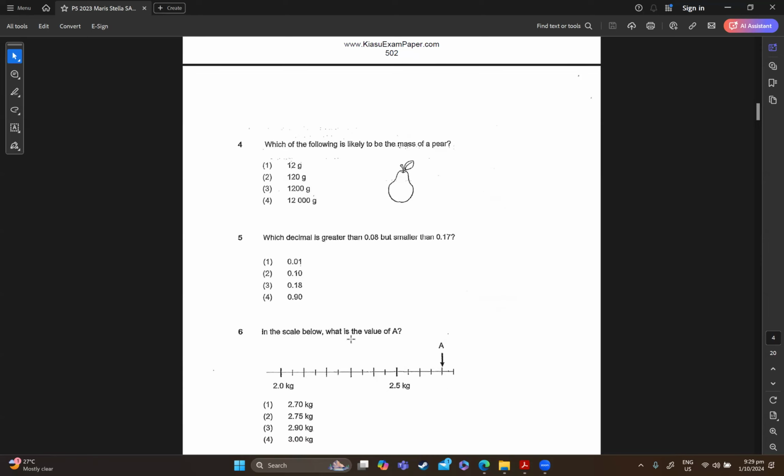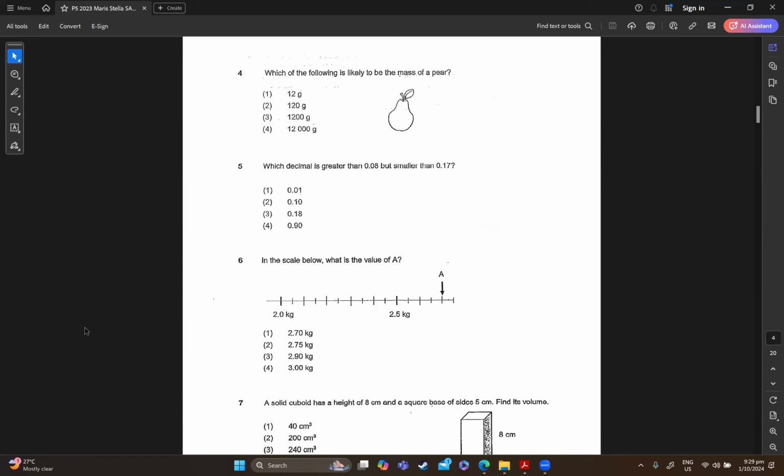The next question, in the scale below, what is the value of A? To approach a question like this, what you need to do is count the intervals first. 1, 2, 3, 4, 5, 6, 7, 8, 9, 10. So 10 intervals. I'm going to call them units instead. So 10 units represent, from 2.0 till 2.5, 0.5 kg. So 1 unit will be 0.05 kg.